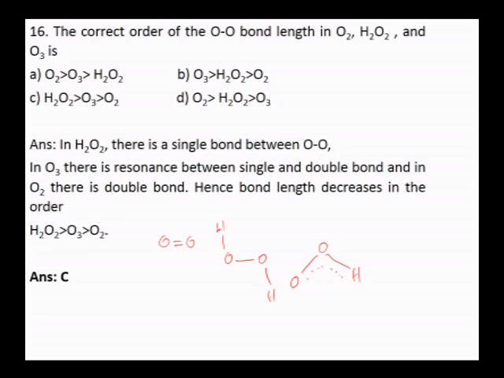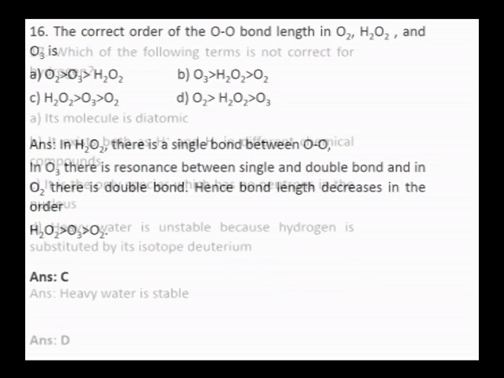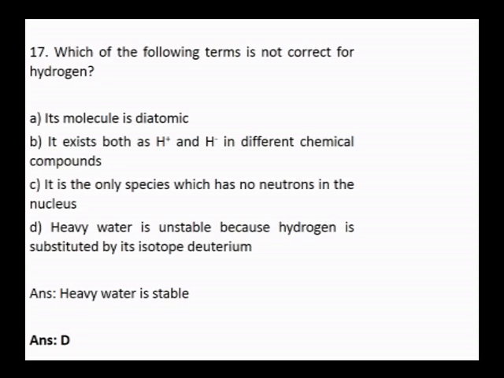Obviously a double bond will be shorter than a single bond, and since ozone is a triatomic molecule and has partial double bond, as I said, the longest bond will be the single bond in H2O2, and then comes the partial double bond in ozone, and then comes the clear double bond in O2, and therefore the correct option is option C.